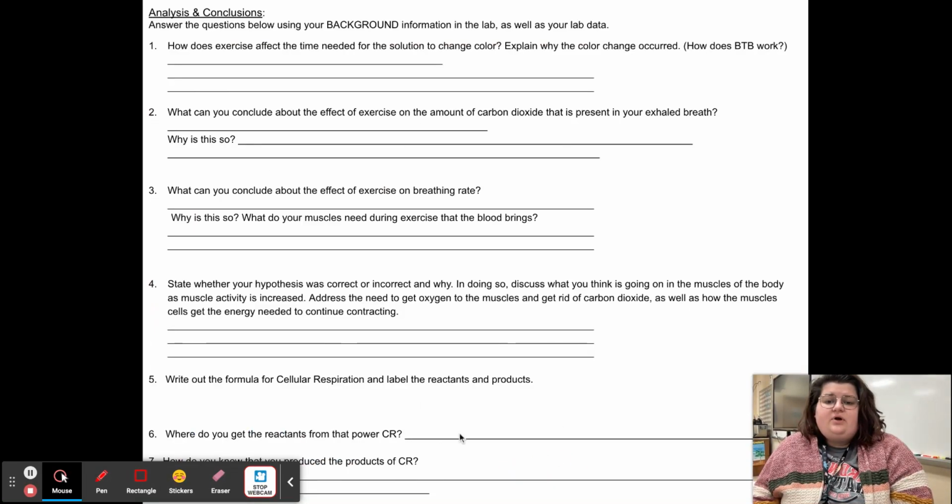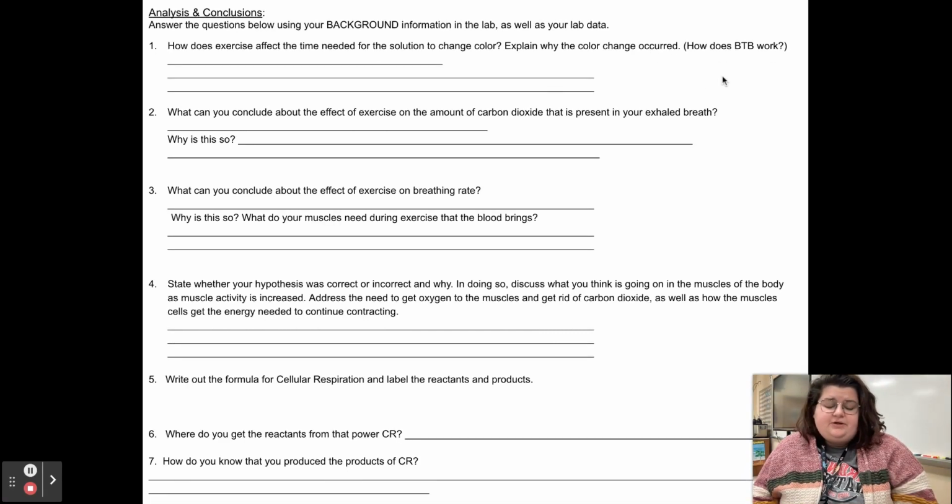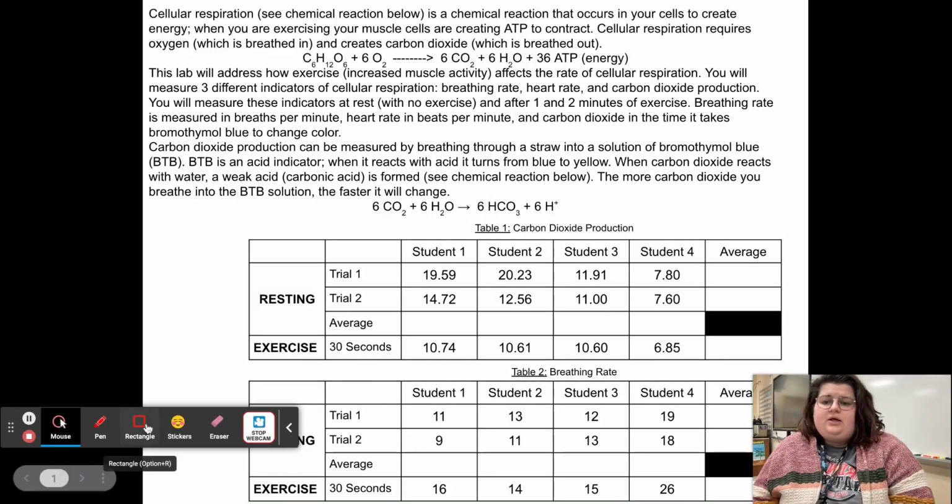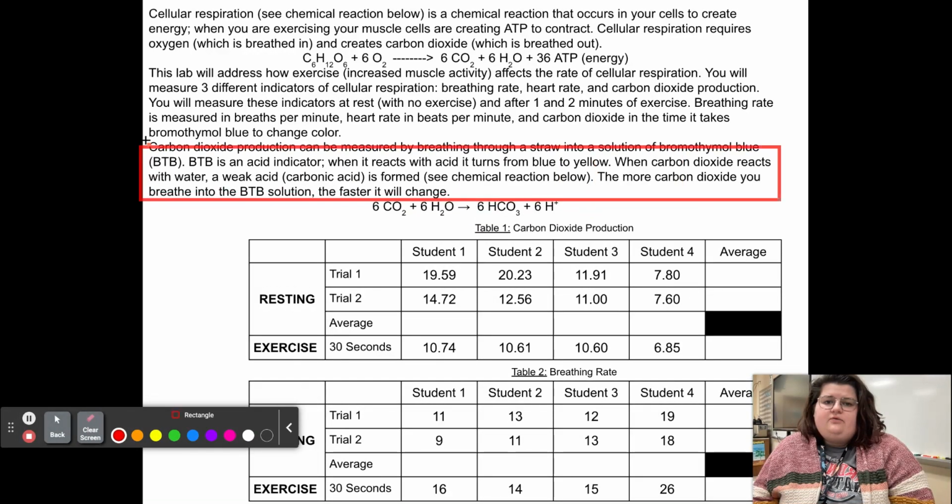On the next slide, we have our analysis questions. Our first: how does exercise affect the time needed for the solution of BTB to change color? Explain why the color change occurred. How does BTB work? For that first question, you are going to go back to our background information and look right here in this paragraph, right?